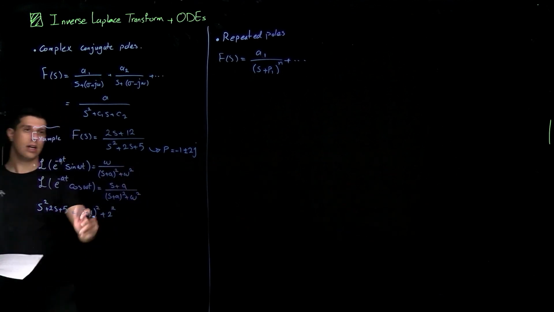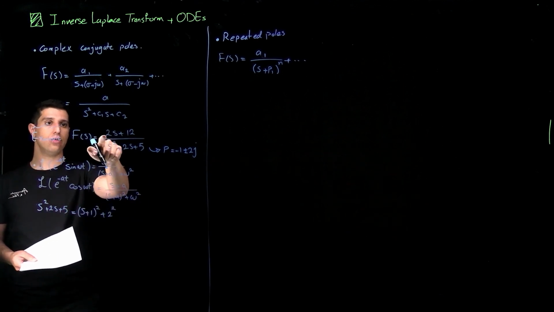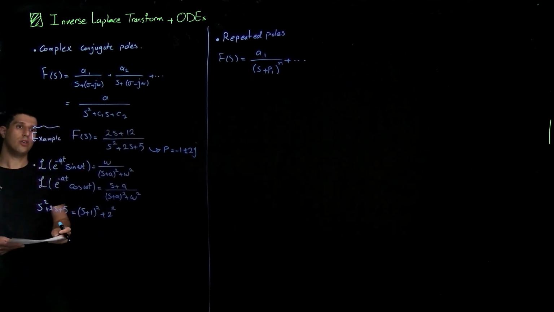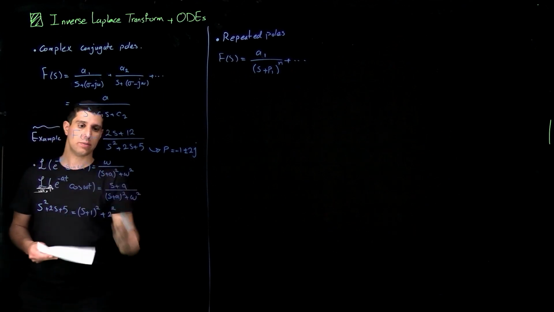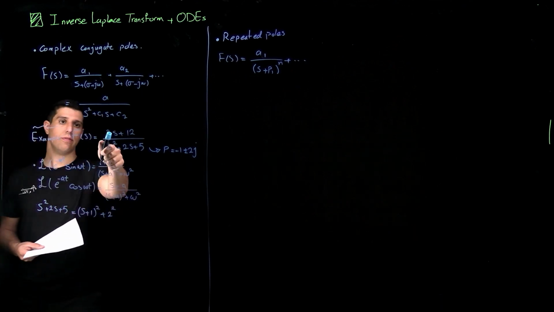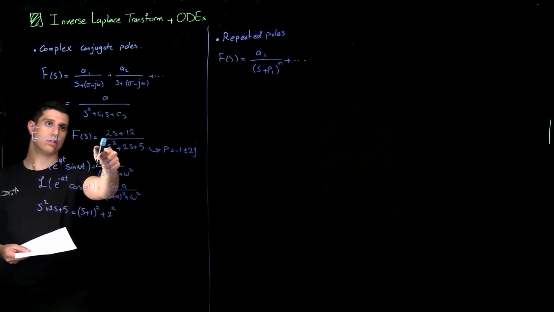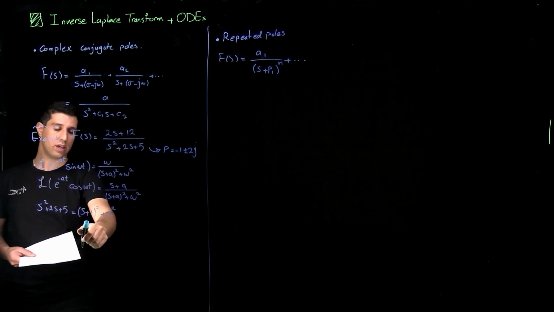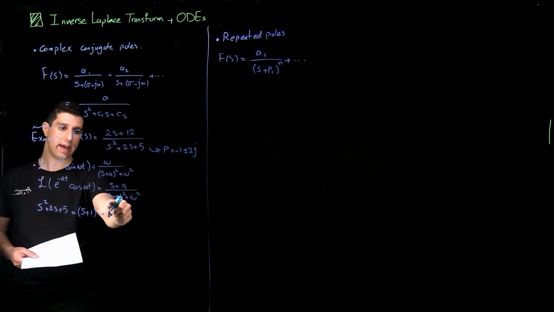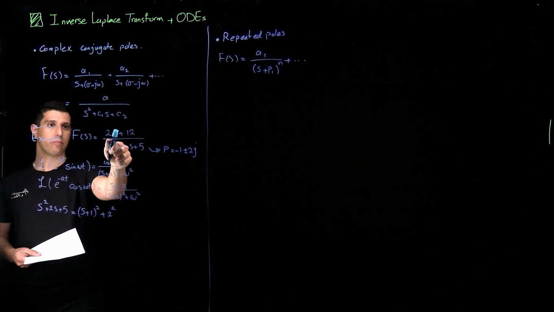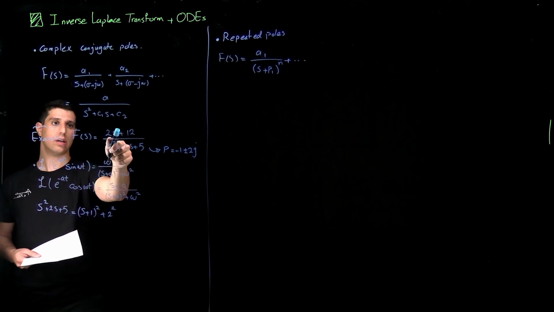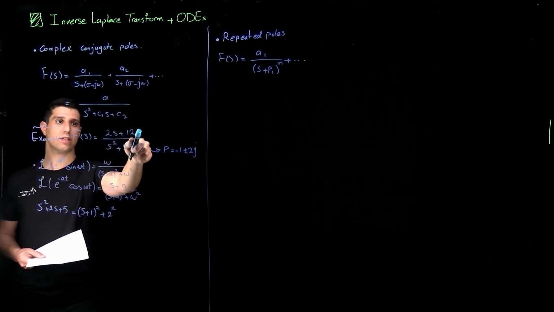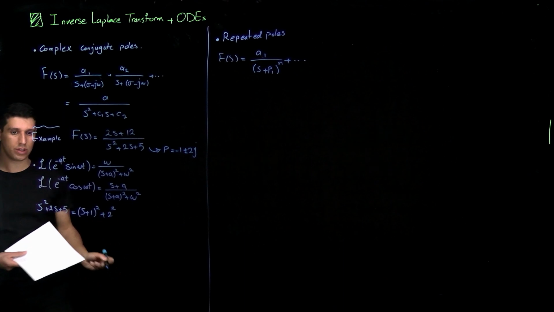What remains is to change the numerator to give us a similar form. I want to construct something that involves s plus 1. So I take 2 out, I have 2(s plus 1), which leaves another 10 left over.